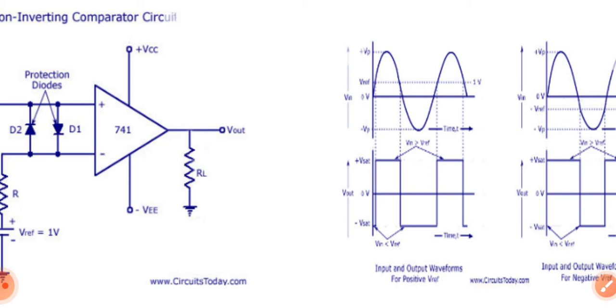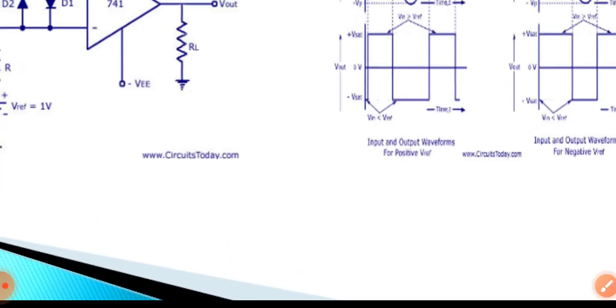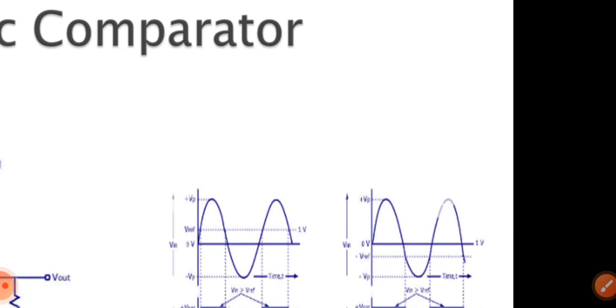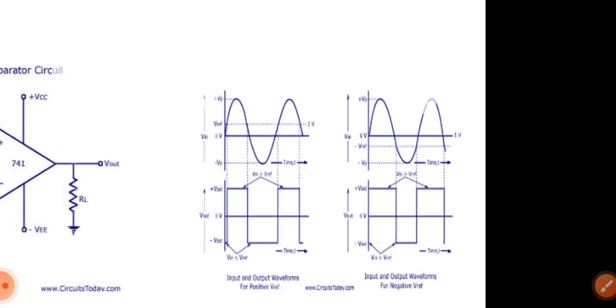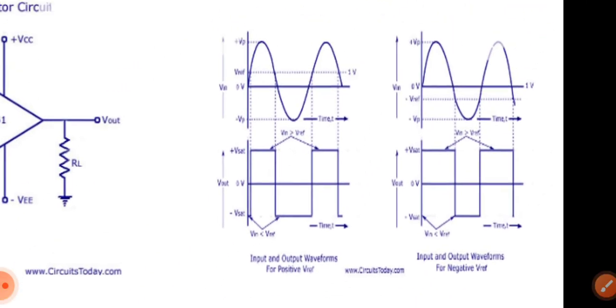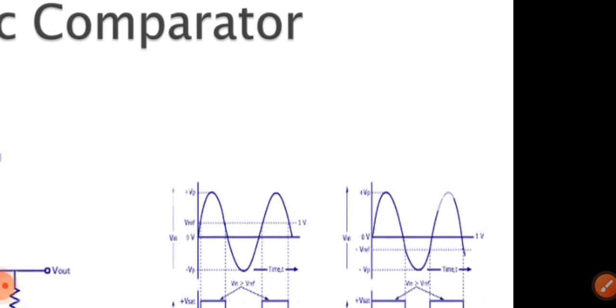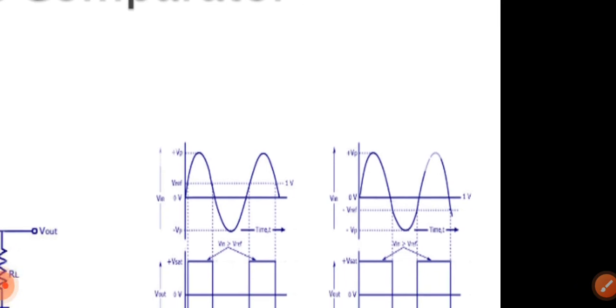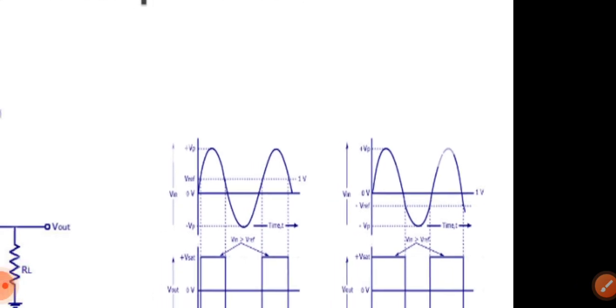For example, this is your waveform. This is the V saturation clamped here, V peak is here, that is Vin.